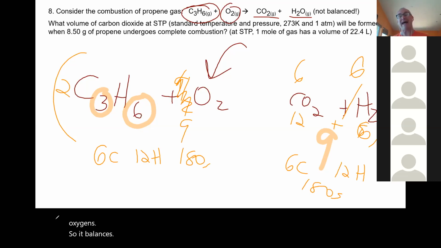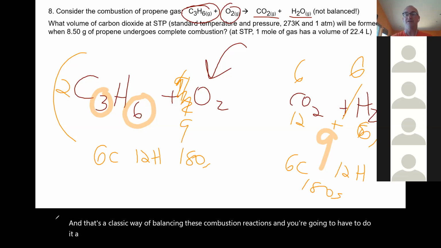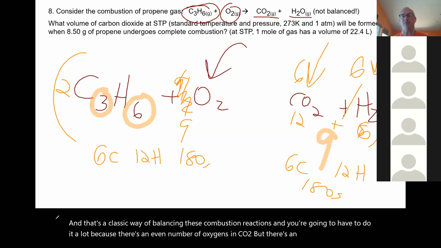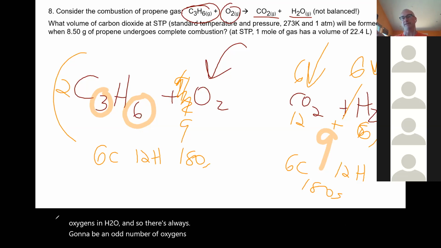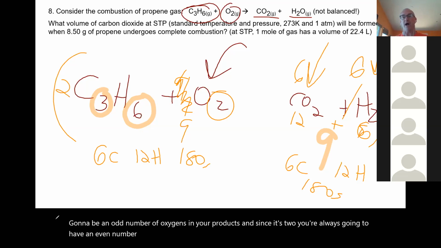And that's a classic way of balancing these combustion reactions. You're going to have to do it a lot because there's an even number of oxygens in CO2, but an odd number of oxygens in H2O. So there's always going to be an odd number of oxygens in your products. And since it's O2, you're always going to have an even number of oxygens as reactants.